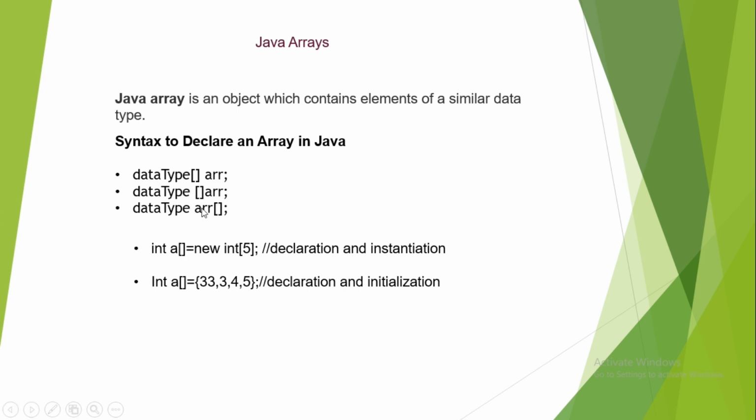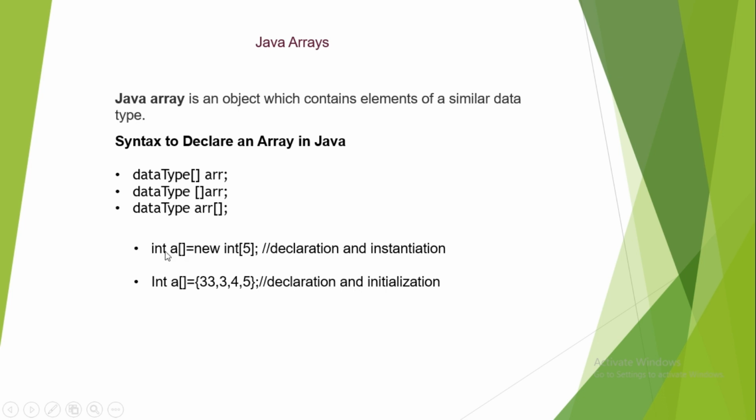And in one case, we can create an array variable and assign values as well, or we can specify the size, because when we are storing more than one element we have to tell the size. So we can create an array variable with the size also. Here, int a equal to new int of 5.